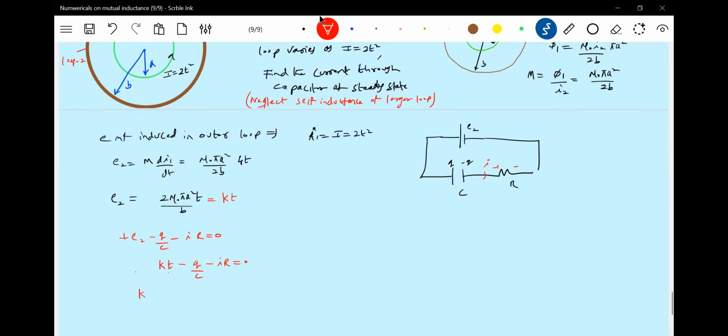Once again, this will be K minus 1 by C. I think this can be solved very easily.